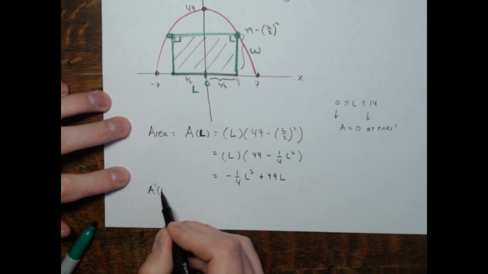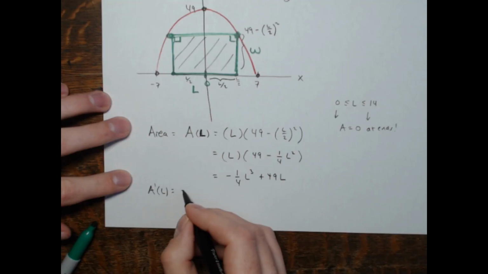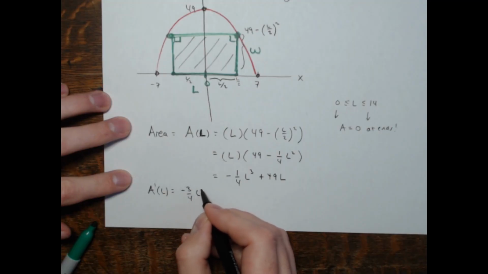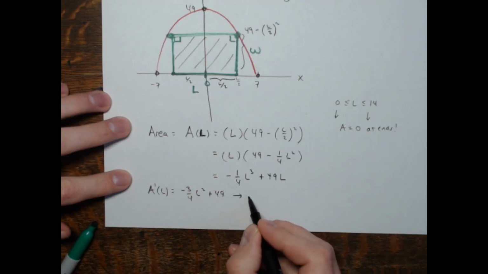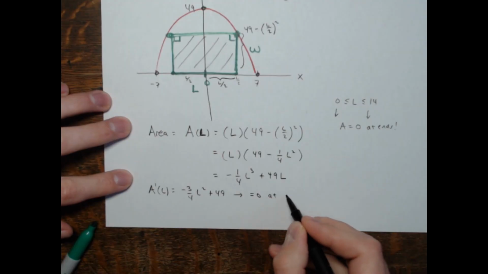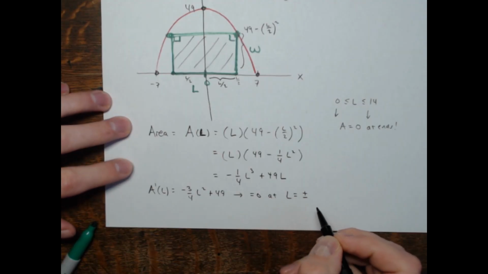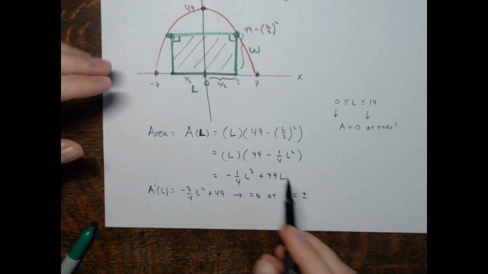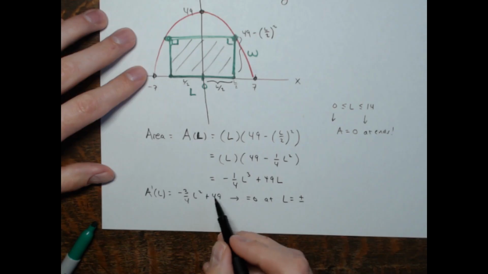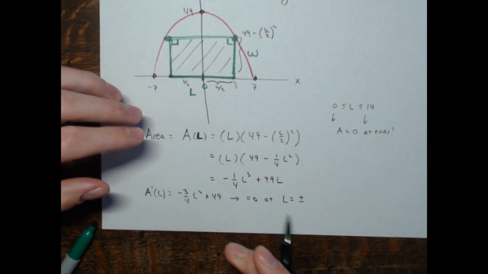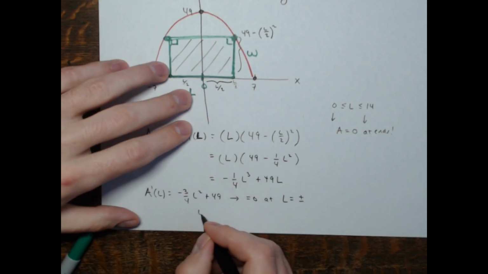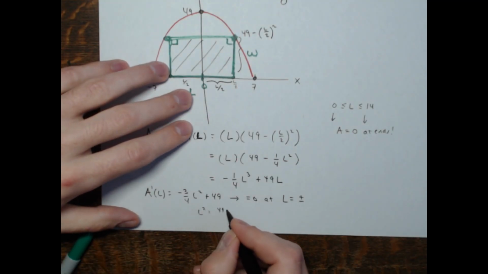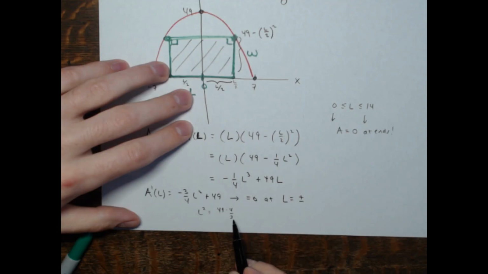So A prime of this polynomial would be negative 3/4 L squared plus 49. And so this is going to be equal to 0 at L equals positive or negative. It's got to be the positive one, because that's what L represents, the length. I would subtract 49 and multiply by, so L squared would have to be 49 times 4/3.